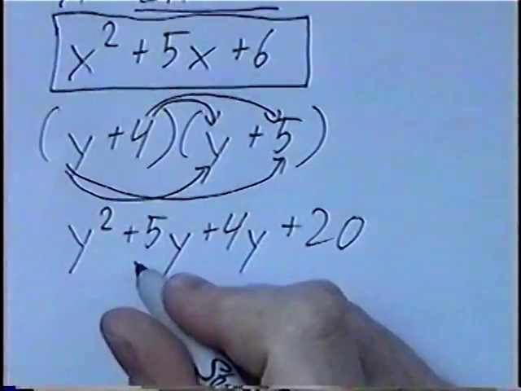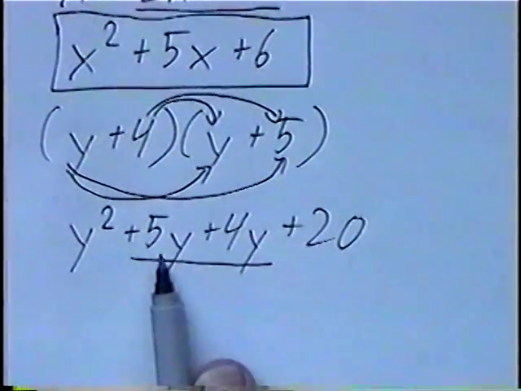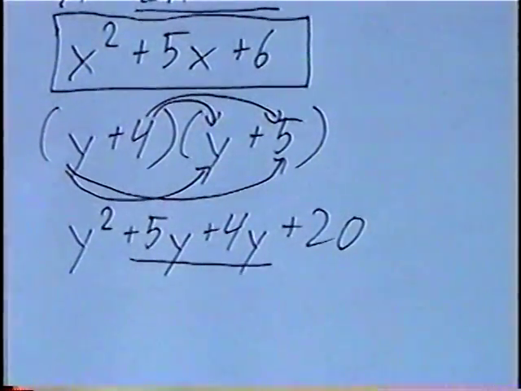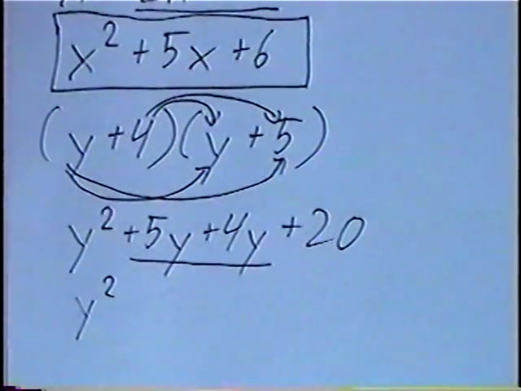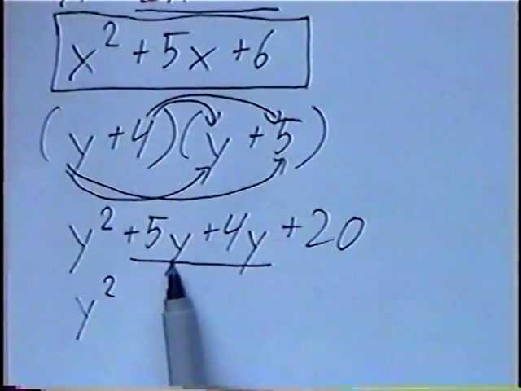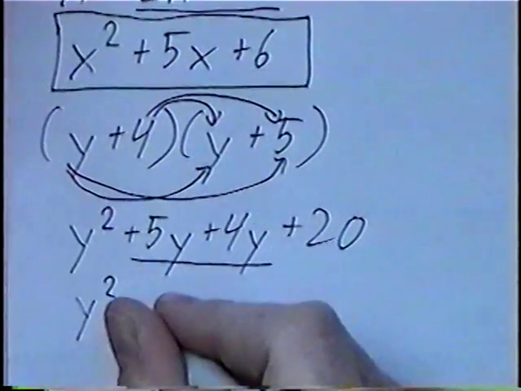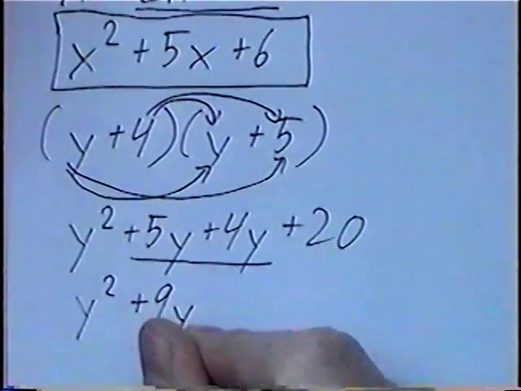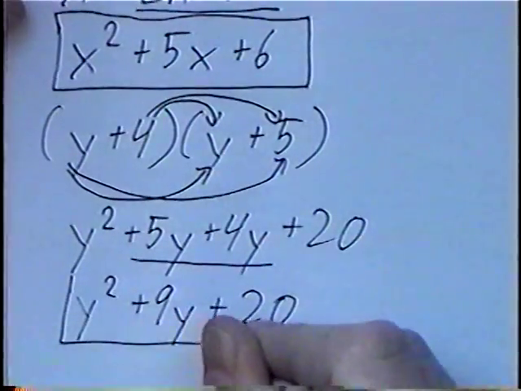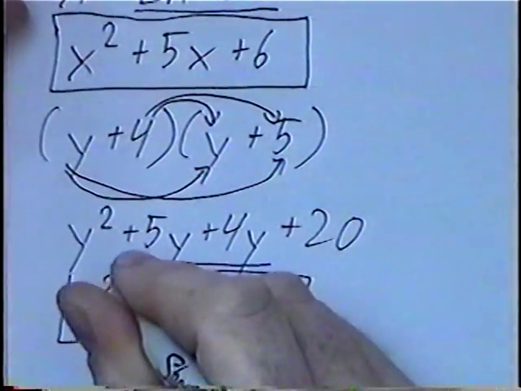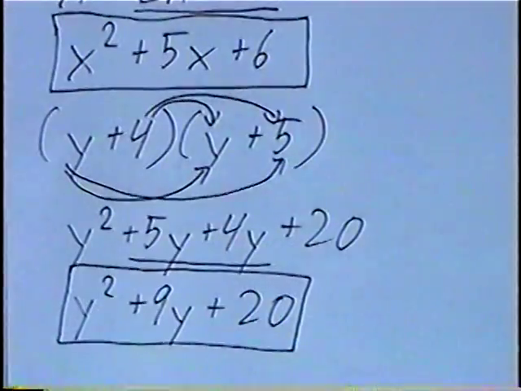Again, when using FOIL, most of the time you'll be able to combine the middle 2 terms since they have the same variable and same exponent. So rewriting our answer, y squared would stay the same. 5y plus 4y would be 9y. And 20 would stay the same. So our final answer would be y squared plus 9y plus 20.